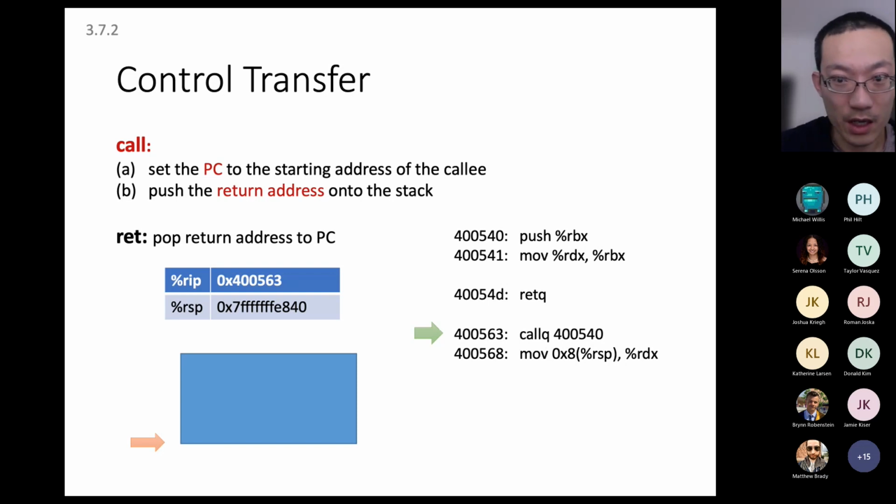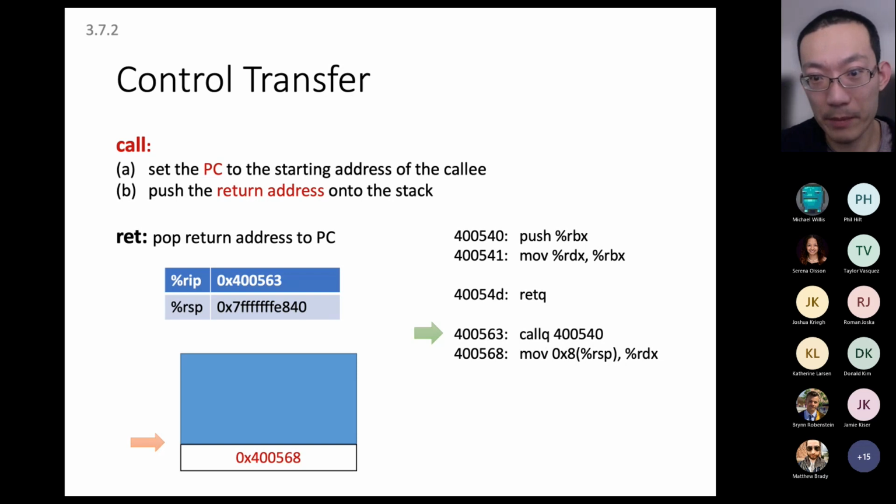When we do this function call, several things happen. First of all, the caller would push the return address. The return address is right here. We'll push this return address on the top of the stack. This is the way the caller tells the callee what the return address is. So we push this return address on it.